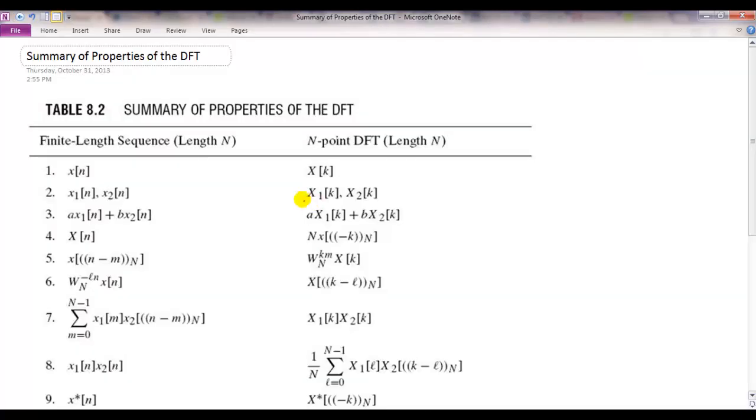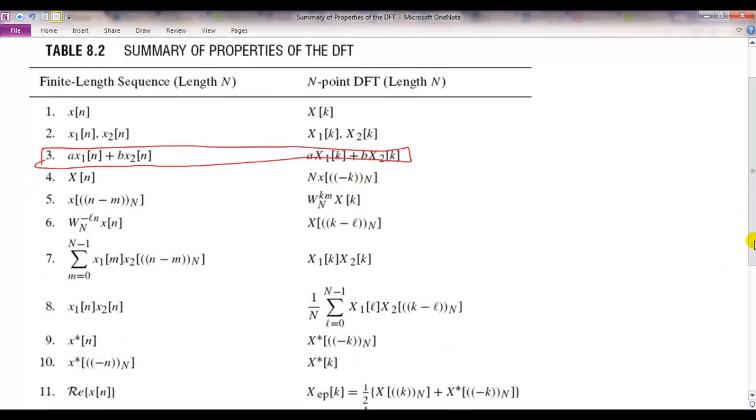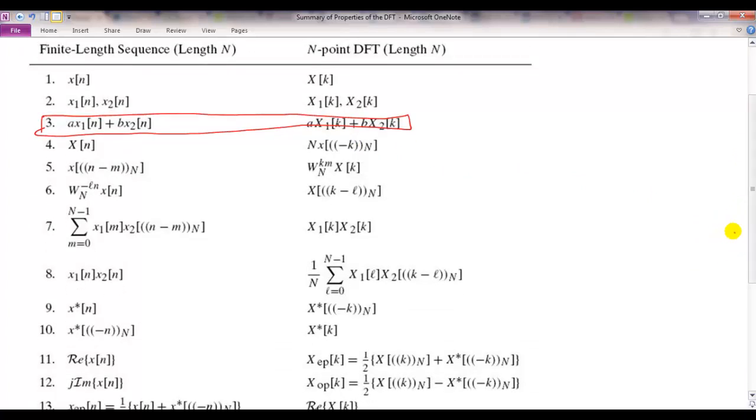So here is a summary of the properties of the discrete Fourier transform. The main one is the linearity property, which is that the discrete Fourier transform, just like all the other transforms, is linear. If you add up sequences, the Fourier transform is simply the linear combination. This is the duality property that we had done.